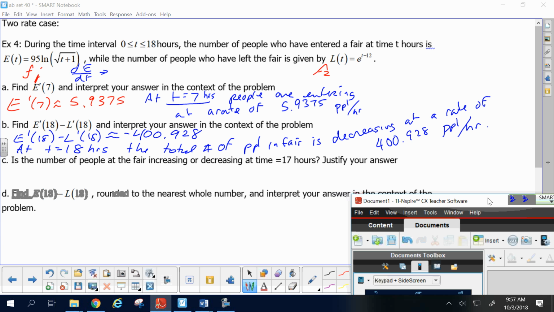Okay. At 18, more people are leaving than coming, and so the number of people is decreasing. Cool?